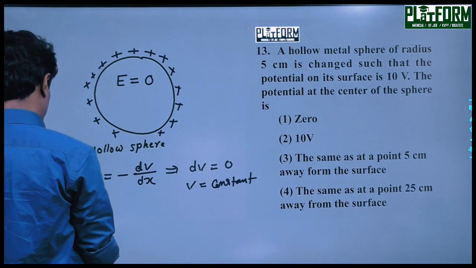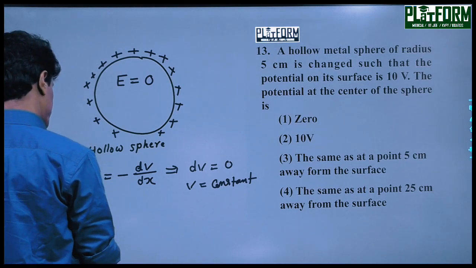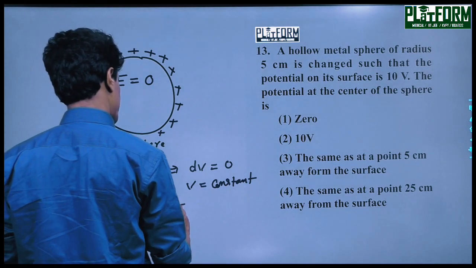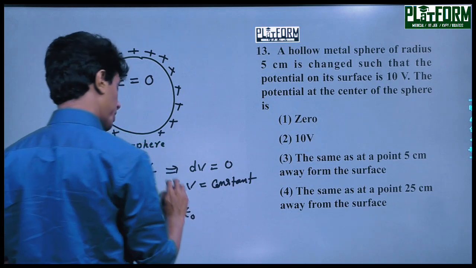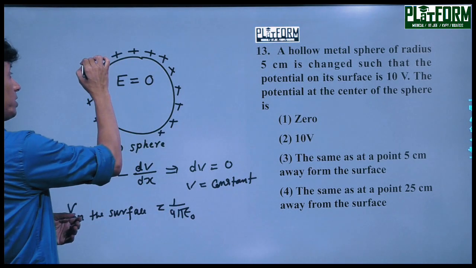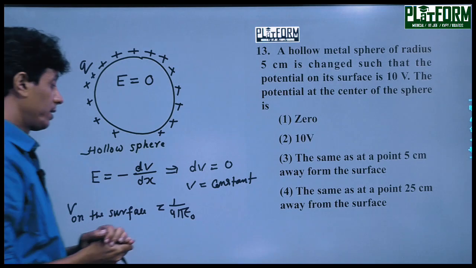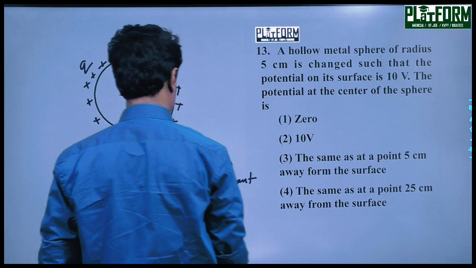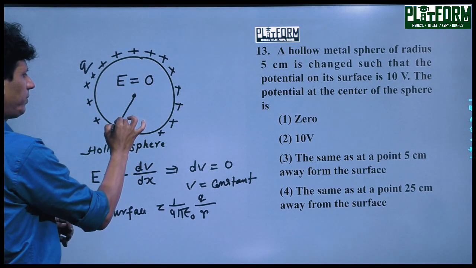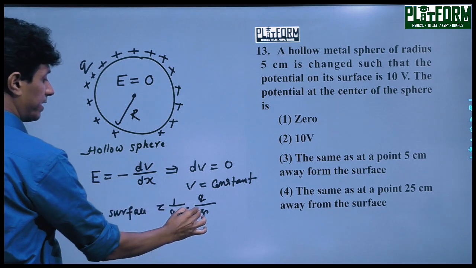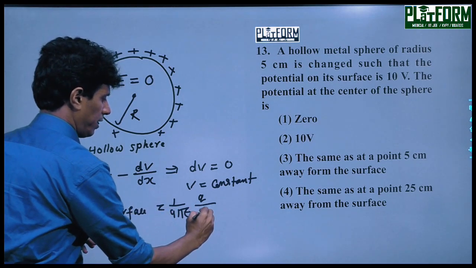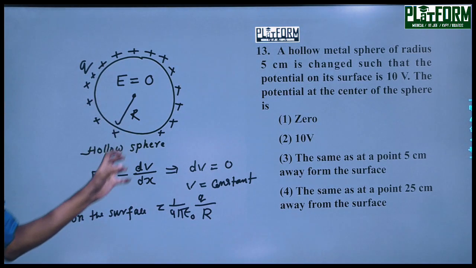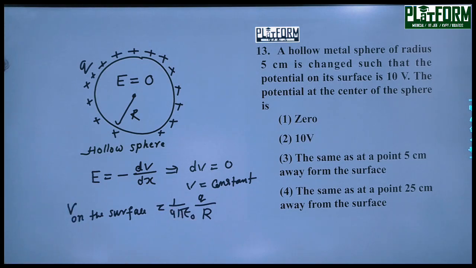Let us say, what is the potential on the surface? The potential on the surface is simple, 1 by 4 pi epsilon 0 q by r, if the total charge residing over this is q, and r is the radius of the sphere.